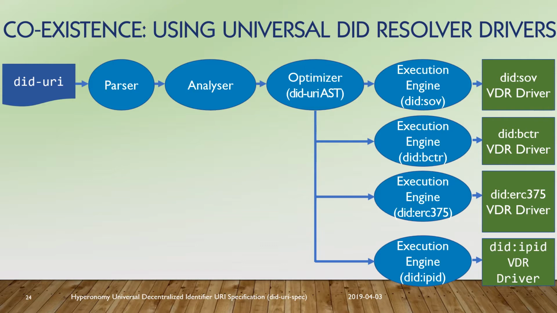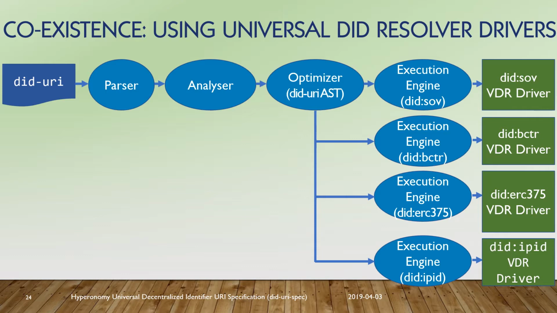So if a did-uri comes in, and when I say did-uri, I mean a did-uri that's compatible with the did-uri spec, it would be parsed and analyzed just like before. And it would be optimized as a pure did-uri based AST.